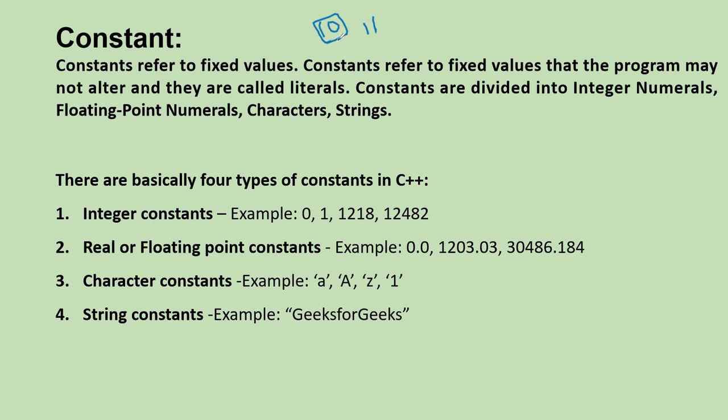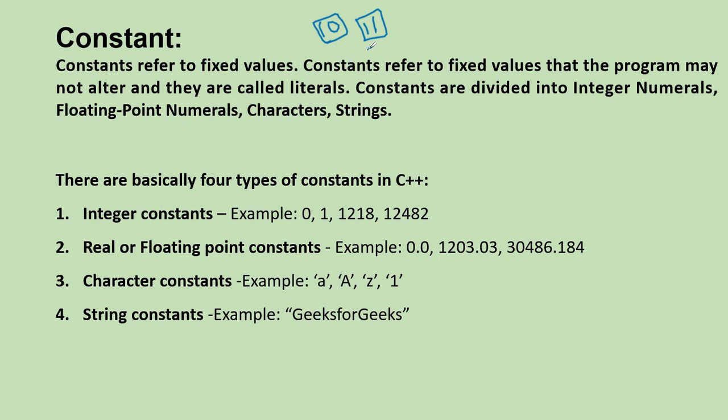That's why this will be a constant. 11 is always 11. You cannot say 11 should be considered as 12. No, there is no way. Constants refer to fixed values that the program may not alter, and they are called literals.